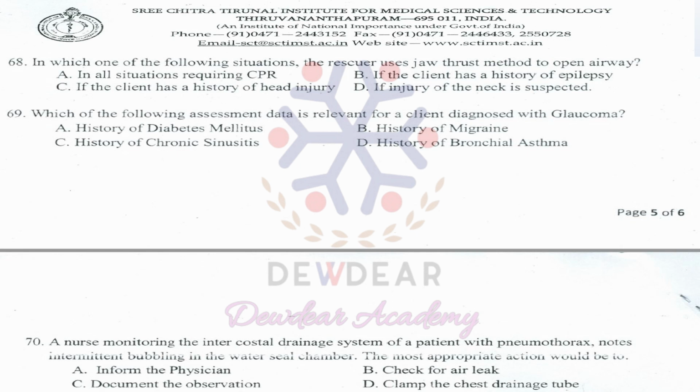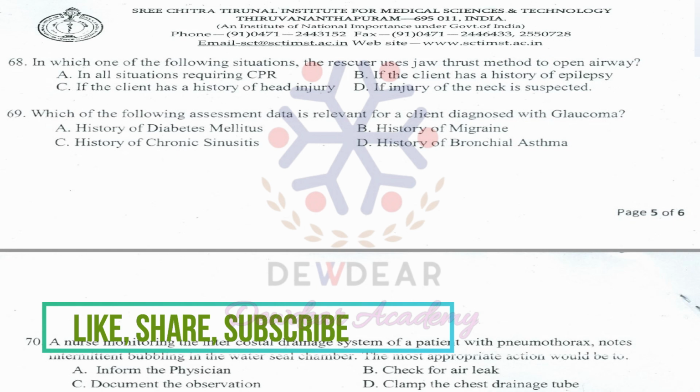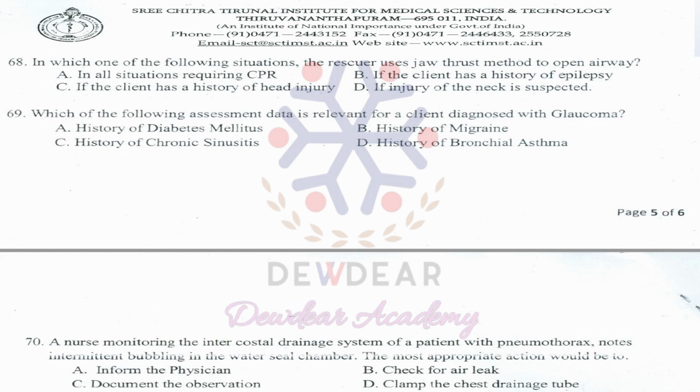The correct answer is option D, if injury of the neck is suspected. In case of any spinal injury or suspected neck injury, the jaw thrust method is used to open the airway.